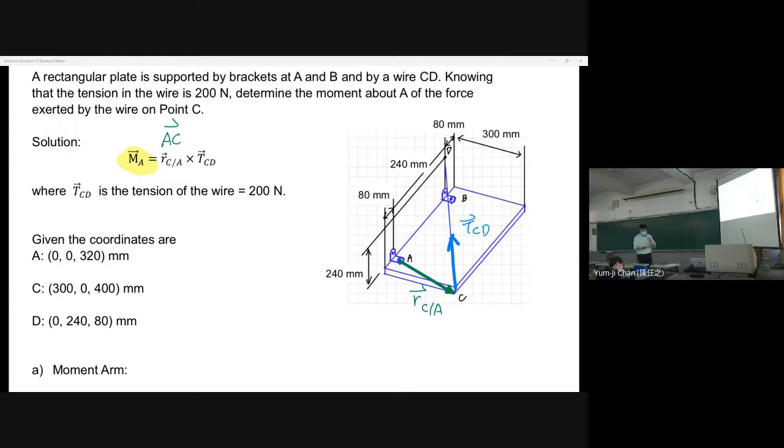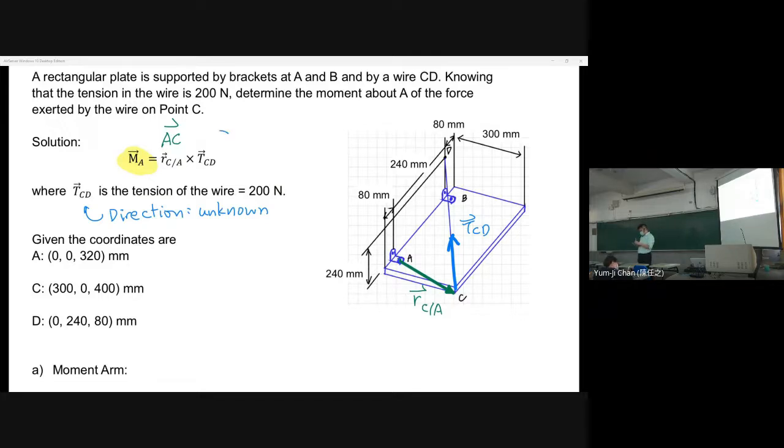MA is equal to RCA cross TCD, and TCD is the tension of the wire. So we know the magnitude of TCD, but we don't know the direction of TCD. Direction is unknown. Of course, we can calculate this, but at the moment we do not know TCD.